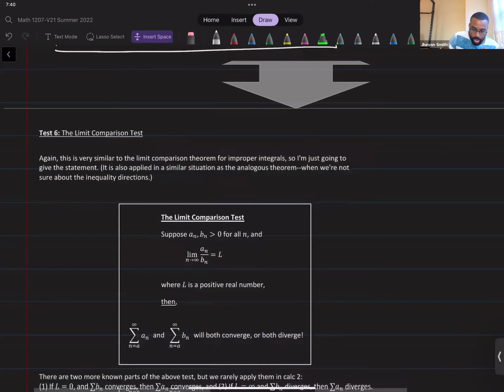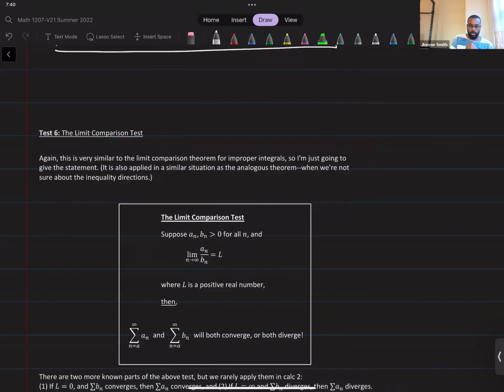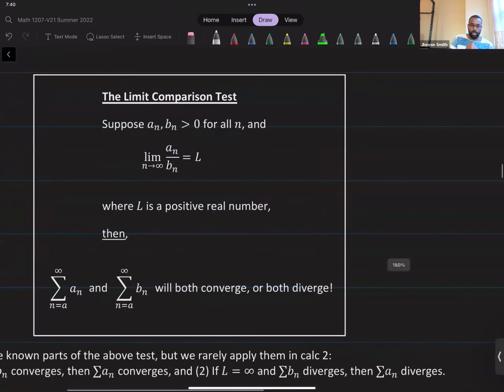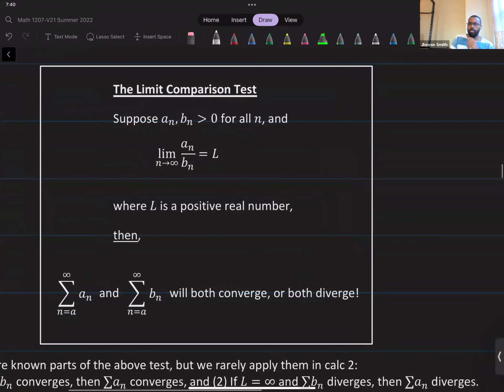This is the 6th test. Again, it's just like looking at integrals with the limit comparison theorem. I have two things that are strictly greater than 0, because I'm going to do a division, so I don't want them to equal 0.